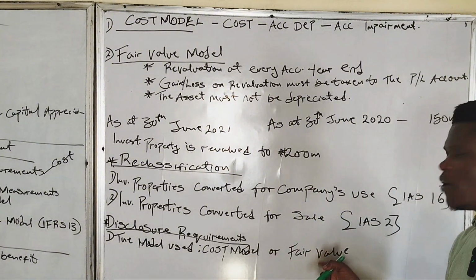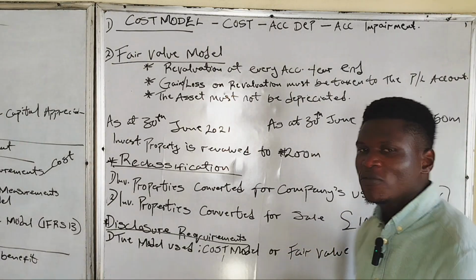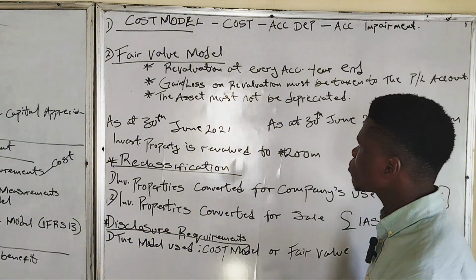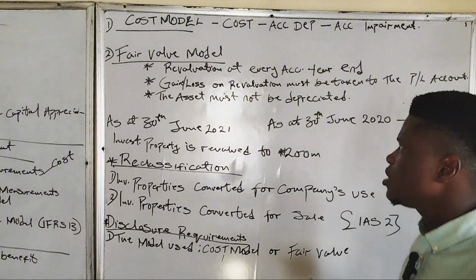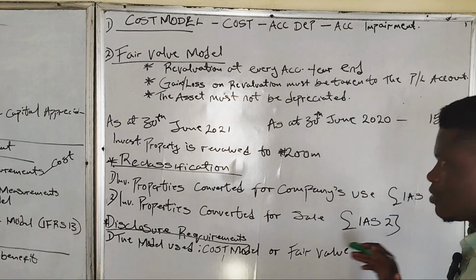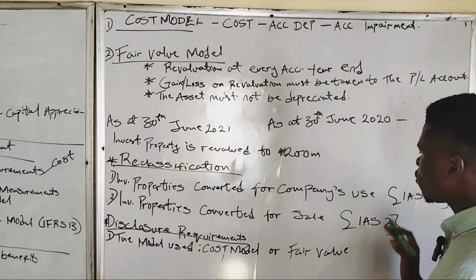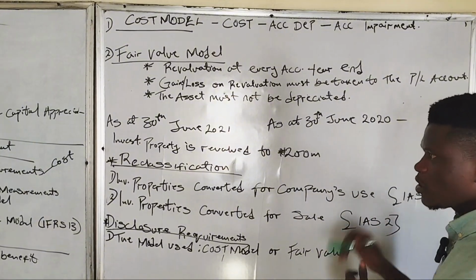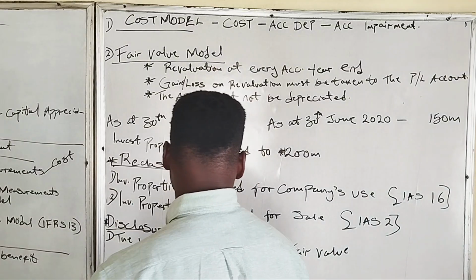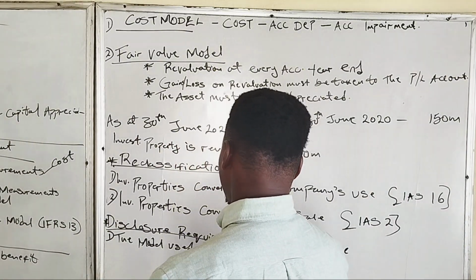Now, if you are using fair value model, you must disclose the fair value of that asset at that particular year end. You must disclose any gain or loss on the revaluation of that asset for that particular period. Then you must disclose if all transactions have been taken care of. So that's cost model, where we must talk about the accumulated depreciation and the depreciation method.